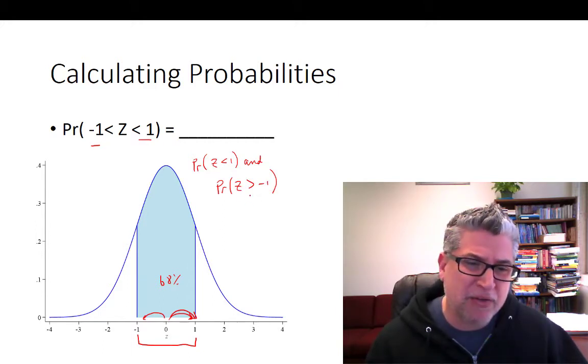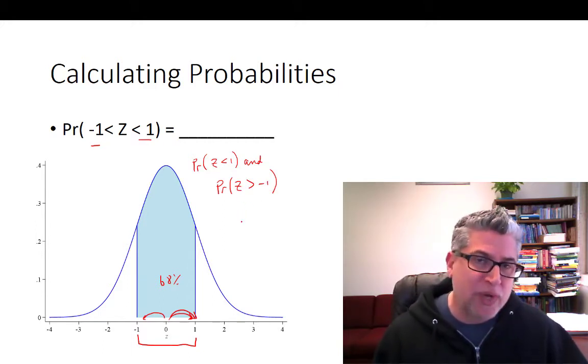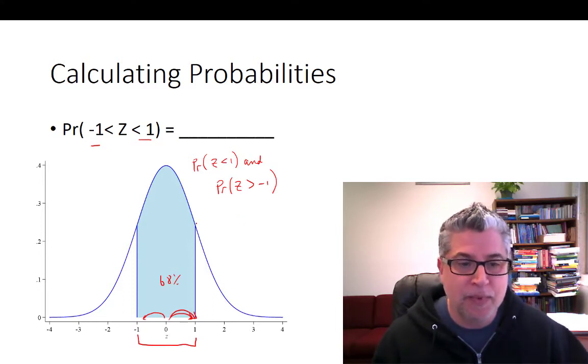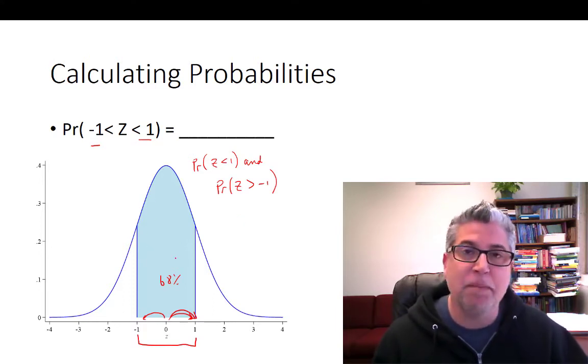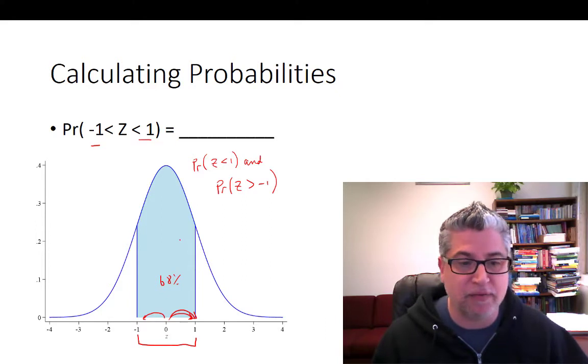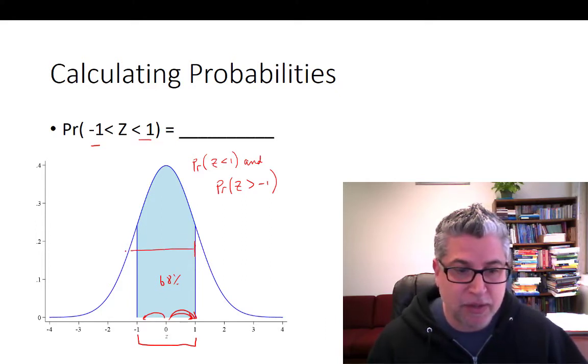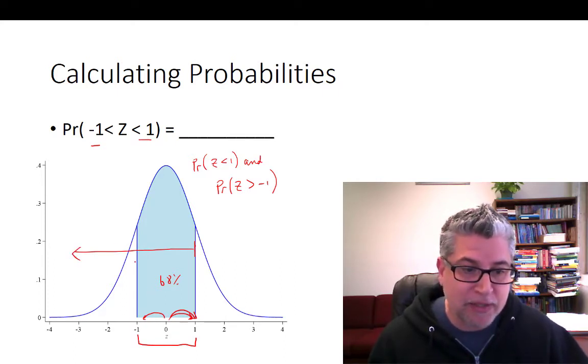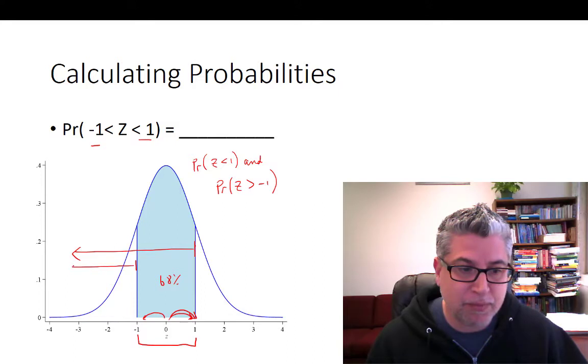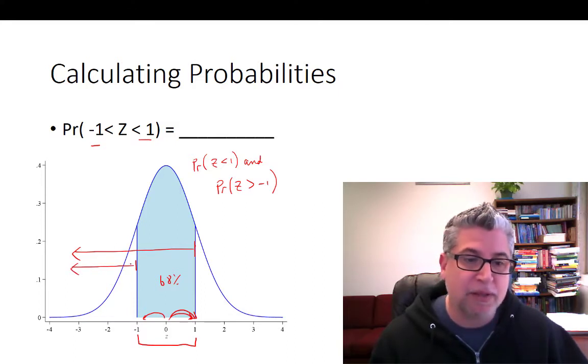And so this bigger than thing is going to require some tweaking of Excel. Now, how do we get this area in the middle between +1 and -1? One approach is to calculate the probability that z is less than 1 and then subtract off the part that you don't need, namely the probability that z is less than -1.